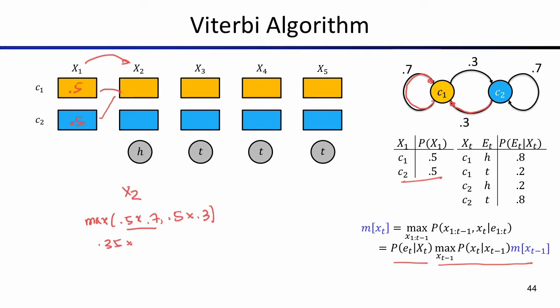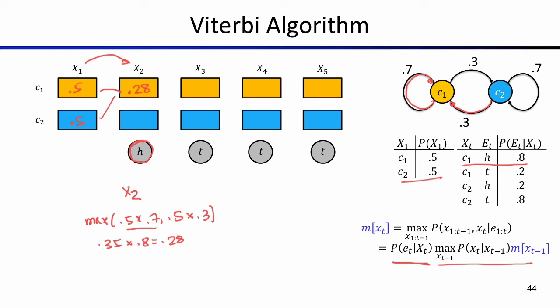And now we need to multiply by the evidence. And we observed heads. Okay, heads is more likely for C1, so we have this row here. So I'm going to do the multiplication by 0.8. And this is going to be 0.28. All right, so 0.28 is the probability that goes here.